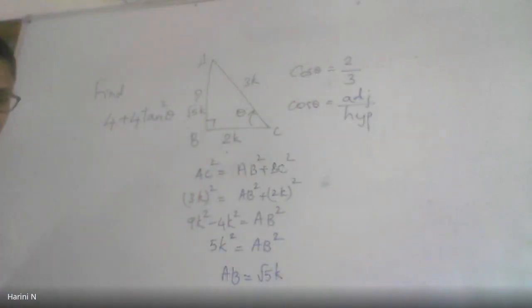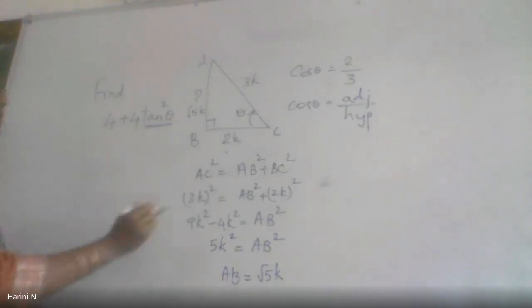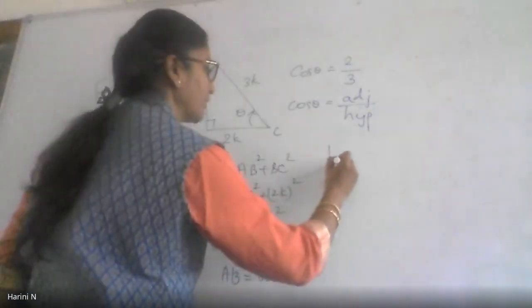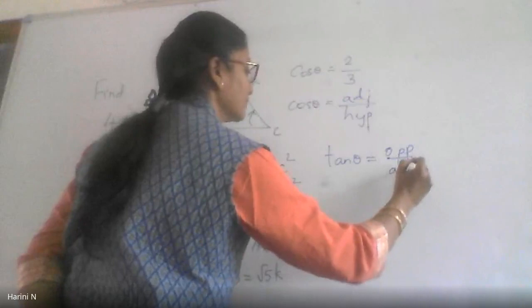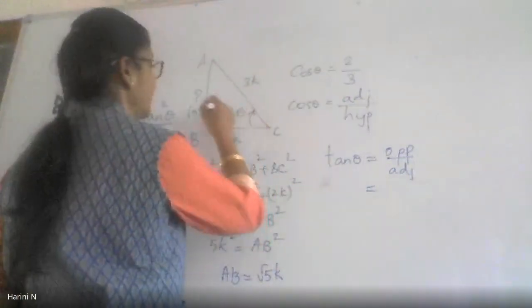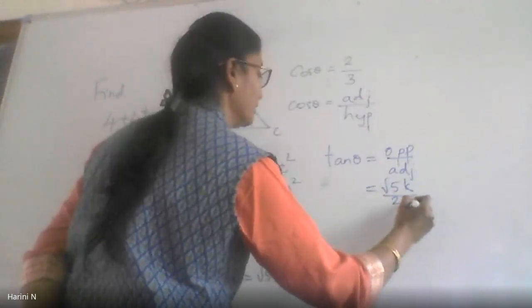Okay, now I need tan theta because I need to substitute it here. Finally, I want the value of 4 plus 4 tan square theta, for which I need to find the value of tan theta. For a given triangle, tan theta will be equal to opposite divided by adjacent. My opposite side with respect to theta is root 5k and the adjacent side is 2k.